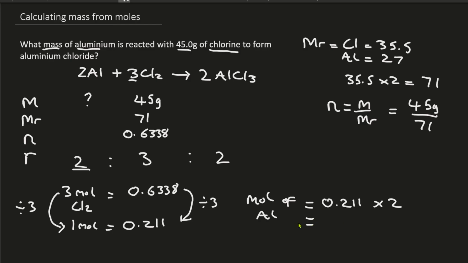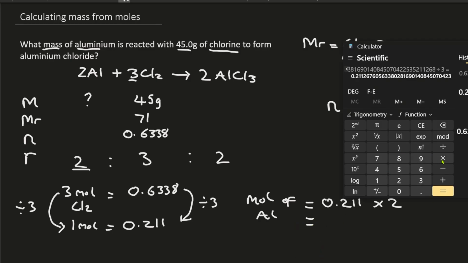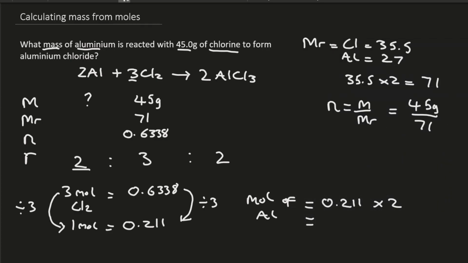So that gives us, in the calculator, times that by 2, 0.422. Okay, that there as well for completion. And now, again, I've left my answer in the calculator, but we have all of the information that we need now to work out our mass, because we've got the number of moles.